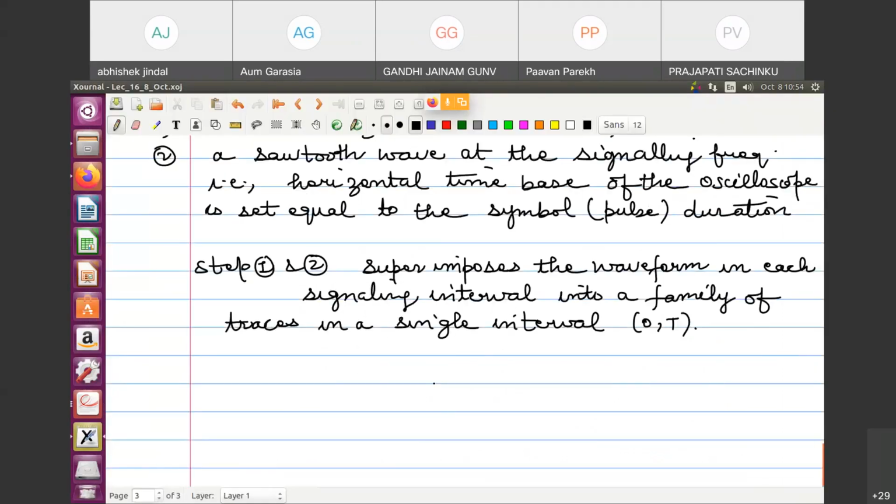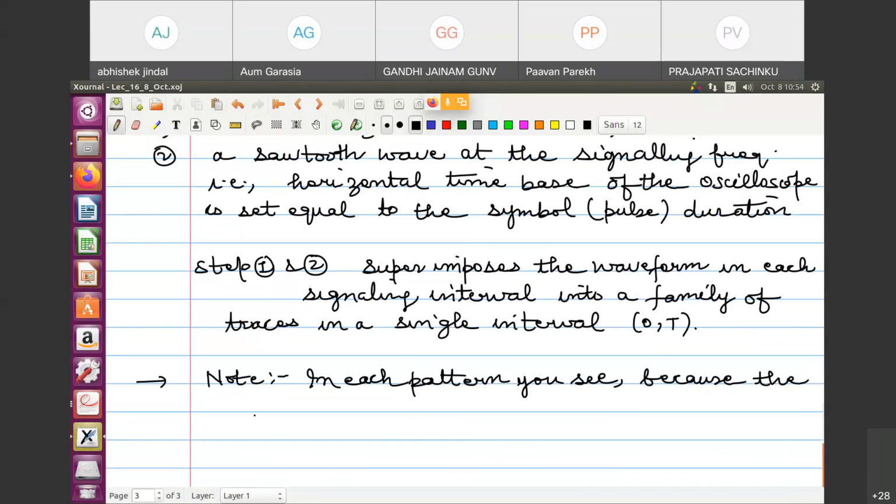Let us now go back to our notes and write. One important thing to note is why we get the eye diagram like that: in each pattern, the symbols stem from a random source.